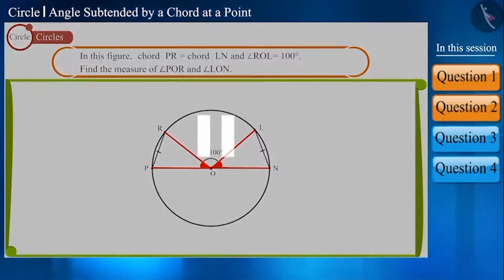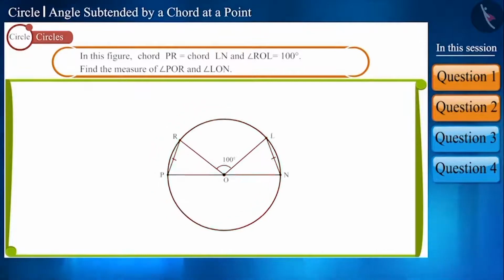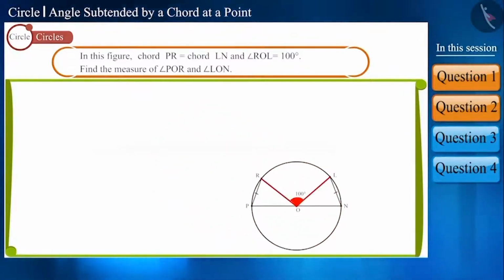You can find the solution by pausing the video. Friends, look at the figure carefully. We are given that angle ROL measures 100 degrees and angle PON is equal to 180 degrees because it is a straight angle and PN is the diameter of the circle.